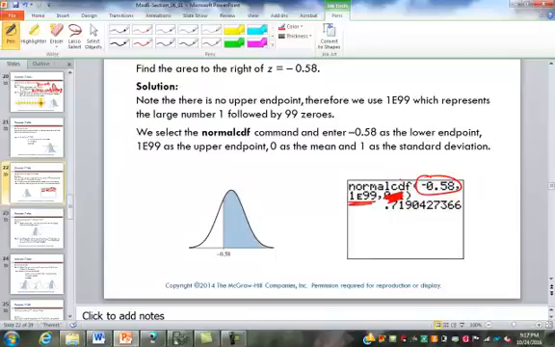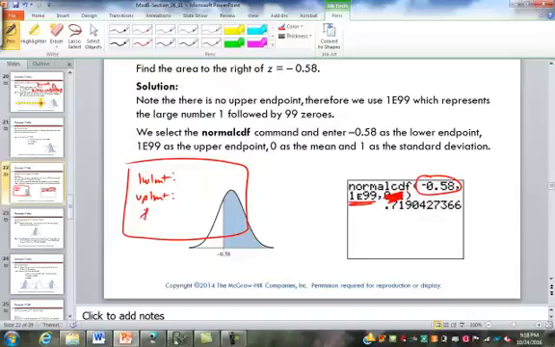And in fact, if you use the stat wizard, when you enter normal CDF and hit enter to select it, it's going to go to a window. It's going to deliver lower limit, upper limit, mean, standard deviation.